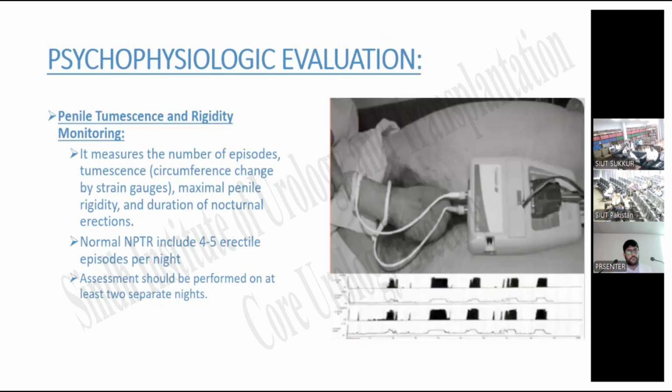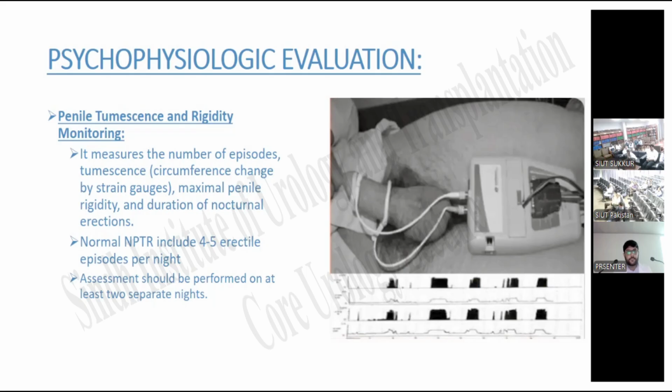Psychophysiologic evaluation. Penile tumescence and rigidity monitoring. It measures the number of episodes of tumescence, circumference change by strain gauges, maximal penile rigidity, and duration of nocturnal erection. Normal NPTR includes 4 to 5 erectile episodes per night. Assessment should be performed on at least 2 separate nights.